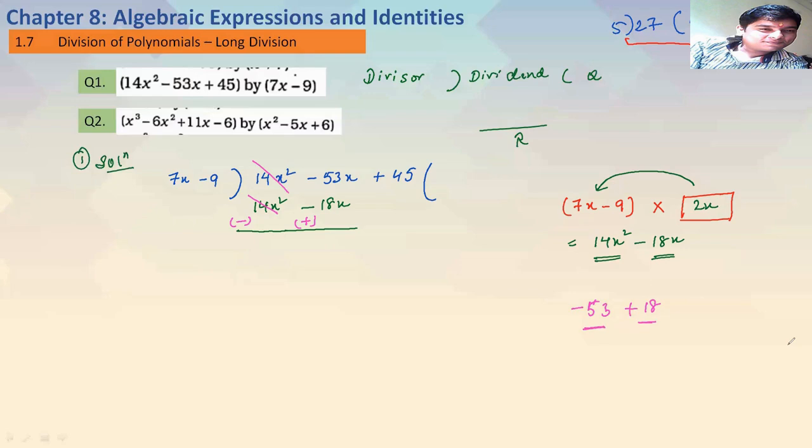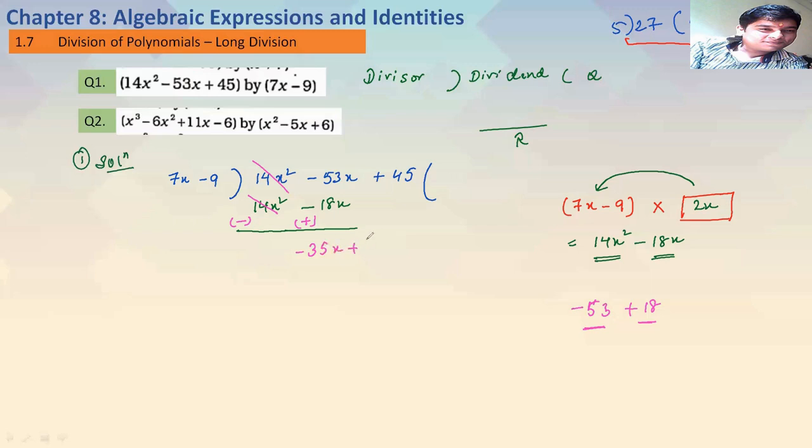What is it going to be? Oh, okay. Sorry. I got confused when I saw the plus over there. Wait, 1 second. 53 minus 18 is 35. Negative 35x, absolutely, plus 45.